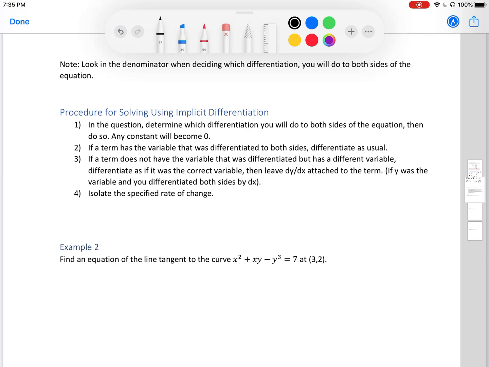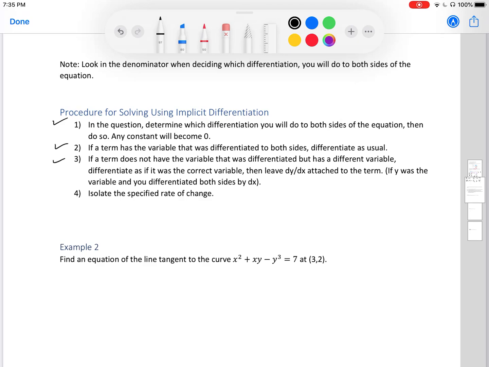So let's list our procedure for using implicit differentiation. First, in the question, determine which differentiation you will do to both sides of the equation, then do so. Any constant will become zero. Second, if a term has the variable that you are differentiating with respect to, differentiate as usual.